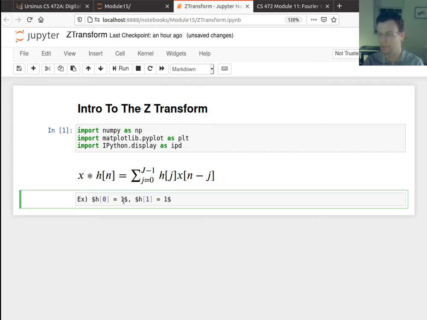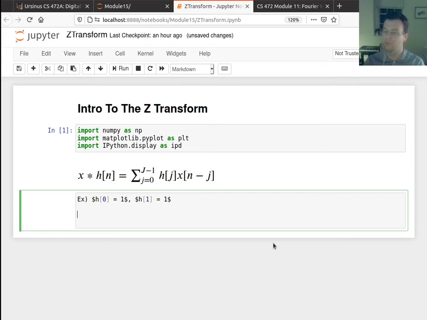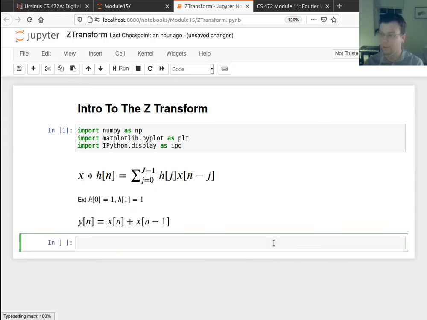This is a very simple low-pass filter. It's only going to preserve low frequencies when I do the convolution. If I plug into the equation, y of n is equal to x of n plus x of n minus 1.